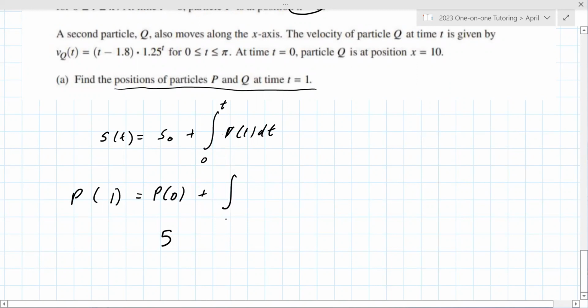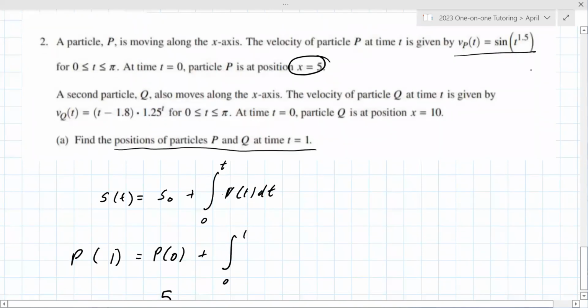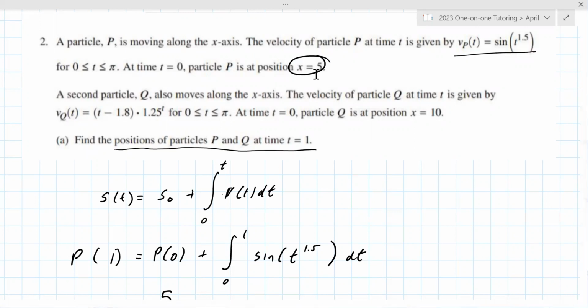the integral from 0 to 1 of sine t to the 1.5, dt. So the integral from 0 to 1 gives you the change in position from 0 to 1. You have to incorporate the fact that you were already somewhere. So it would be 5 plus that, and then we can just plug that into a calculator.